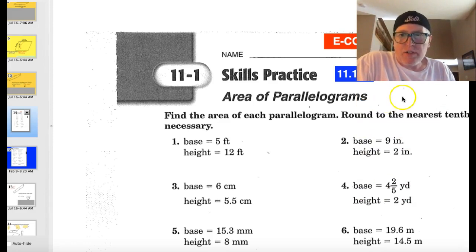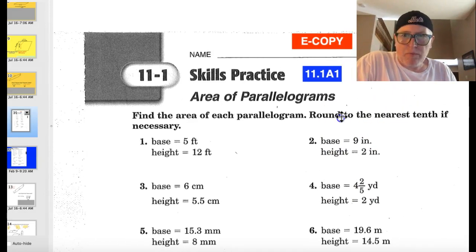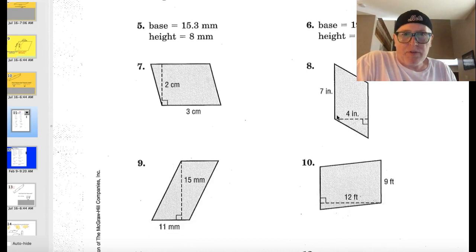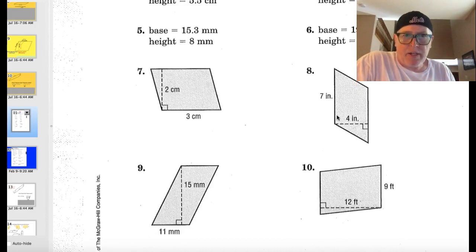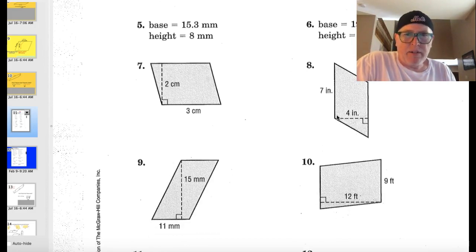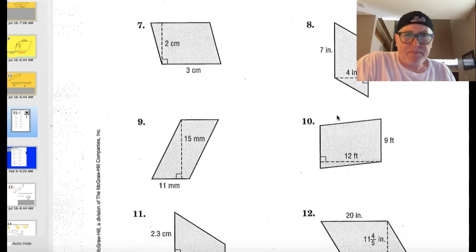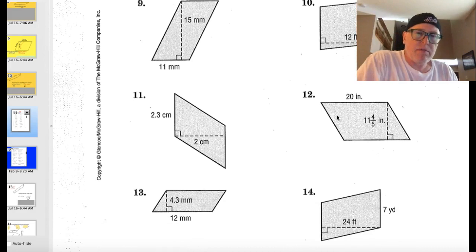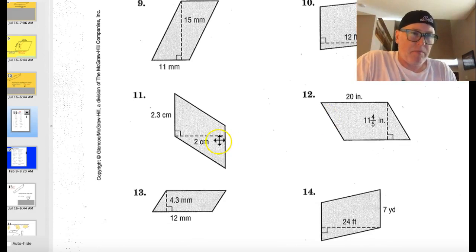Here you've got just some word problems. Just the old base times the height, the area. And then 7 through 10, you're finding the area. And 11 through 14, same thing. All right, very good.